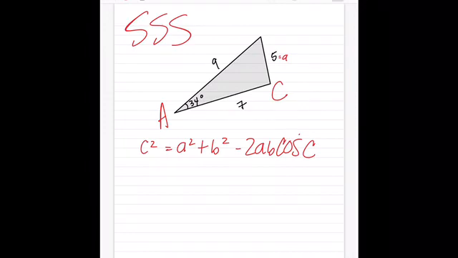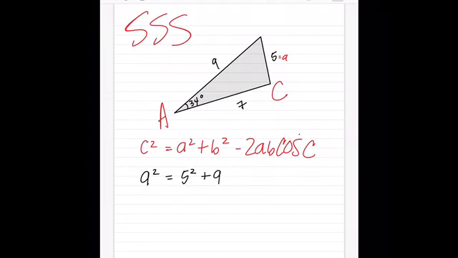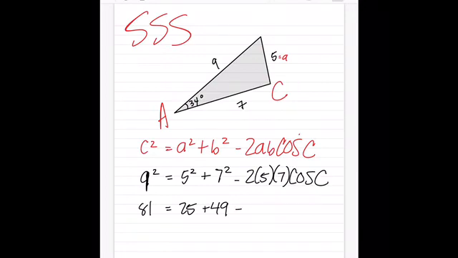So if this is angle C, that means this is side C. So C squared is 9 squared, equal to A squared, which is 5 squared, plus B squared, which is 7 squared, minus 2 times 5 times 7 cosine of C. That's a 9, not A. So 81 is equal to 25 plus 49 minus 2 times 5 times 7, which is 70, cosine of C. So then I'm going to simplify.